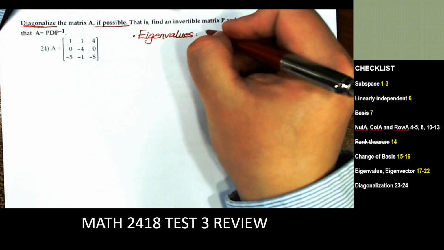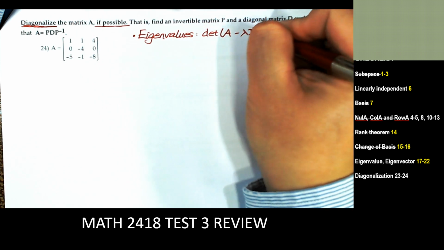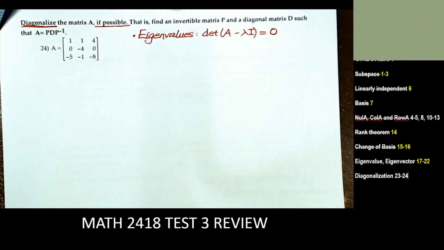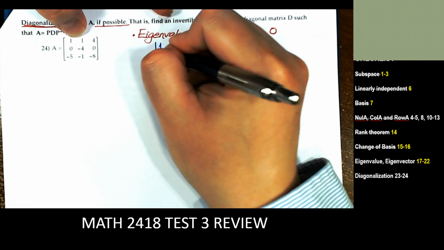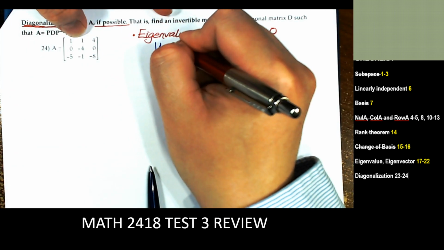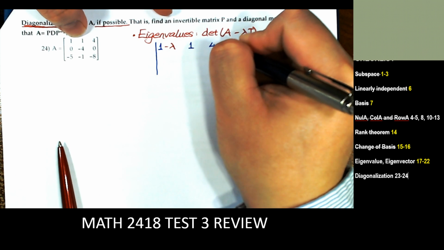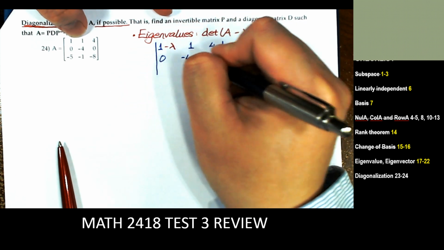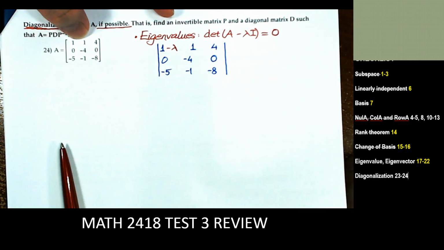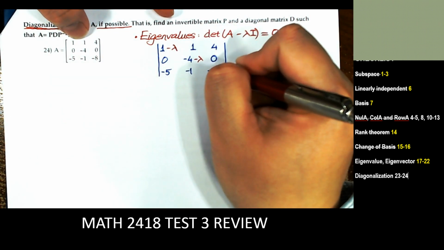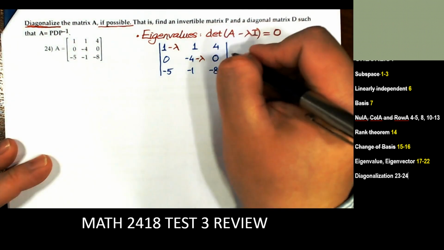Eigenvalues is where we have the characteristic equation. So we have the determinant where we subtract lambda on the diagonal, and the determinant of that must be equal to 0.